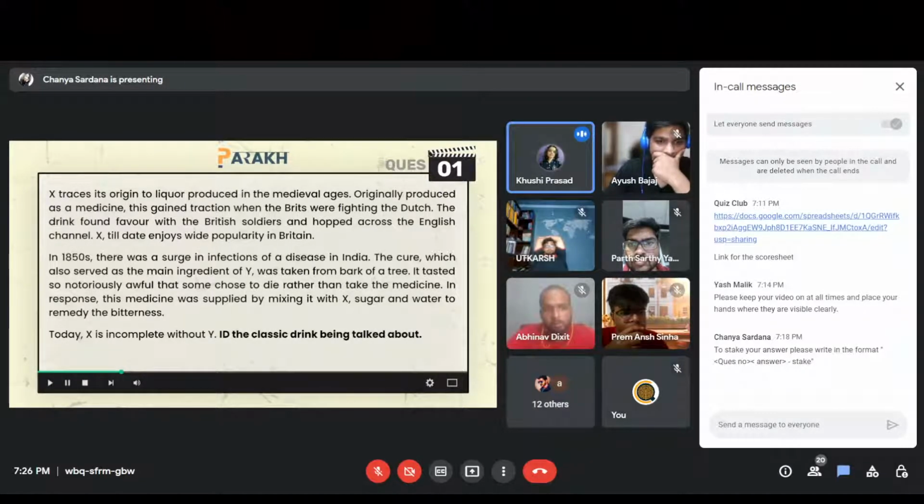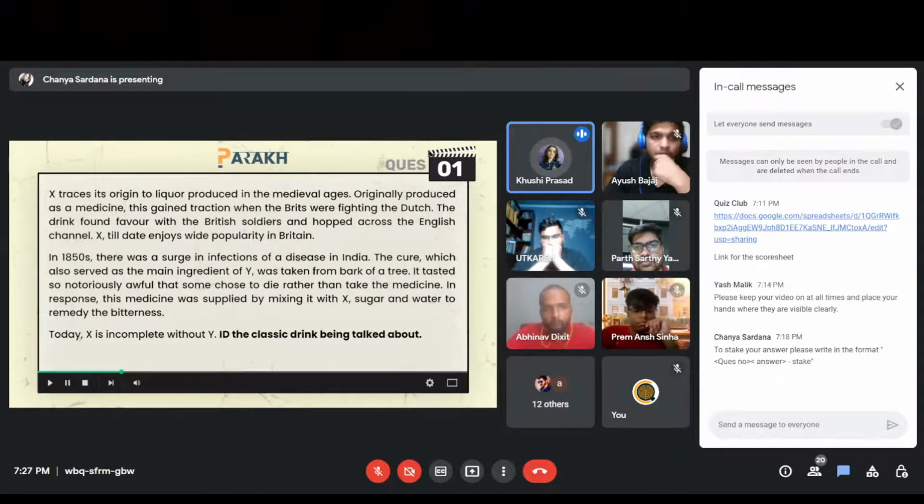The cure, which also served as the main ingredient of wine, was taken from bark of a tree. It tasted so awful that some chose to die rather than take the medicine. In response, this medicine was supplied by mixing it with X to remedy. Today, X is incomplete without Y. Identify the classic drink being talked about.